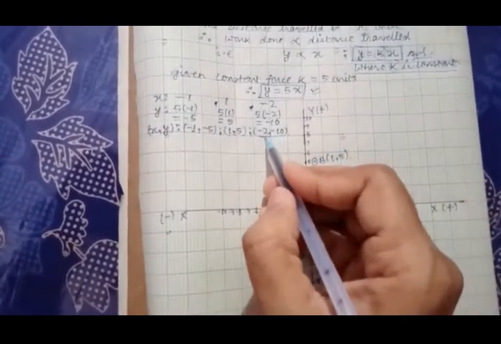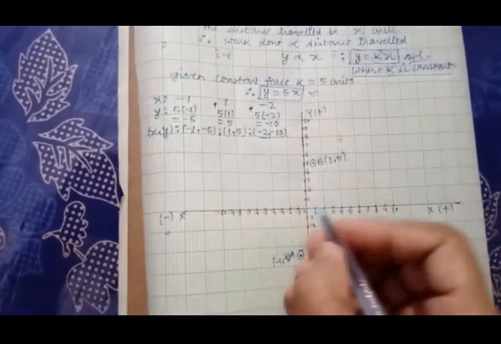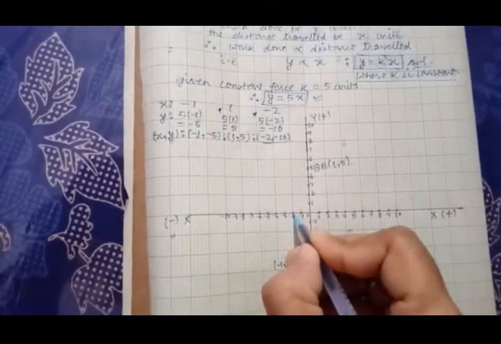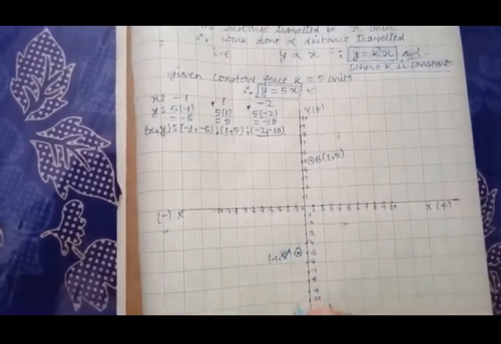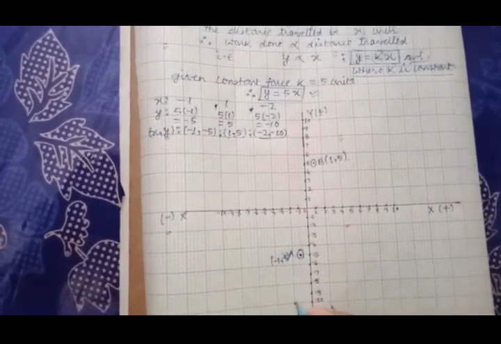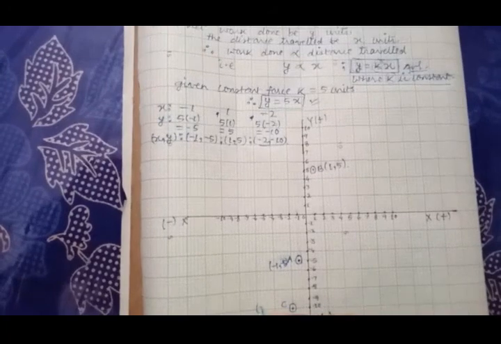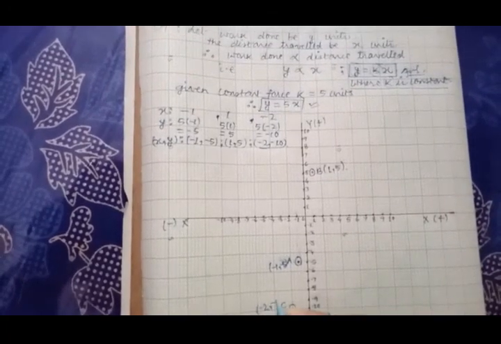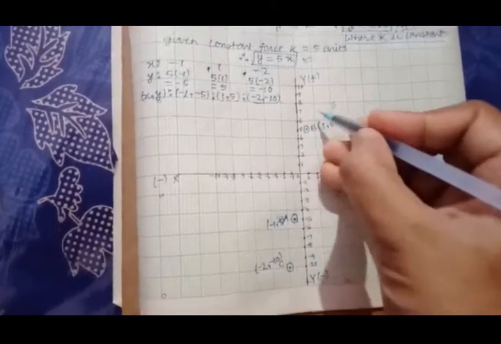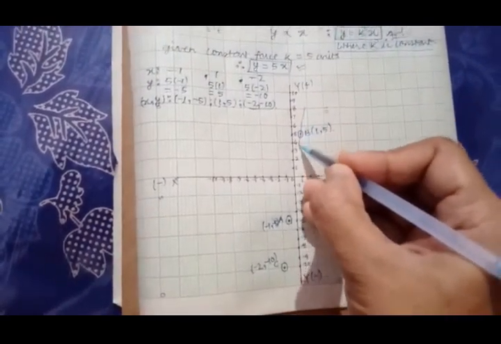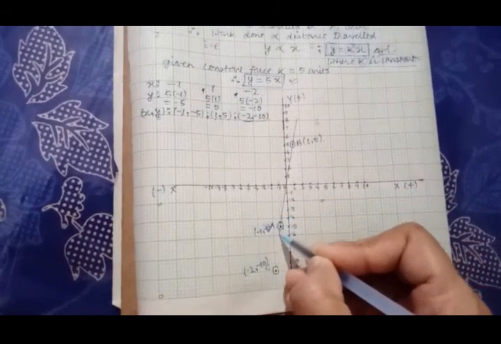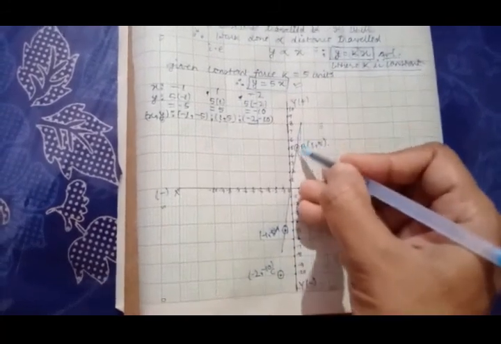And third is minus 2 comma minus 10. So it is here. That's the third point C having coordinate minus 2 comma minus 10. And if we join these 3 points, the graph obtained will be a straight line.